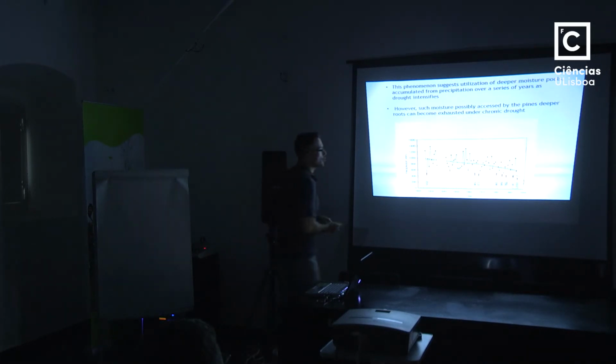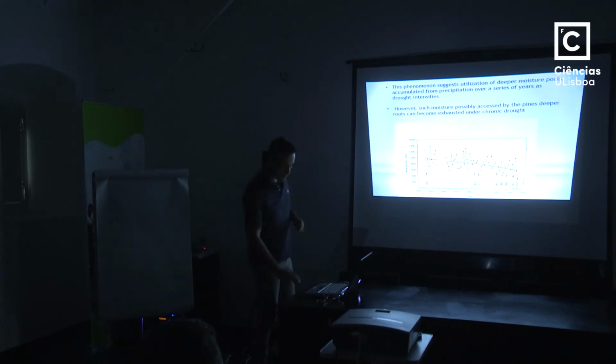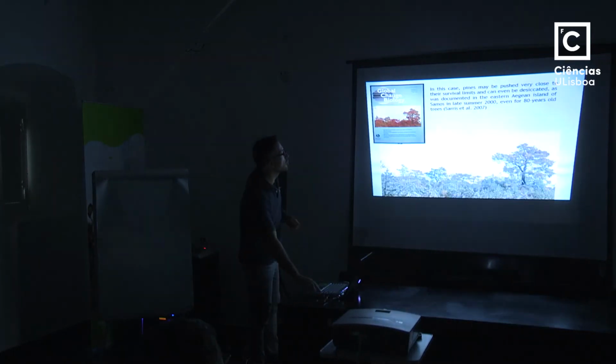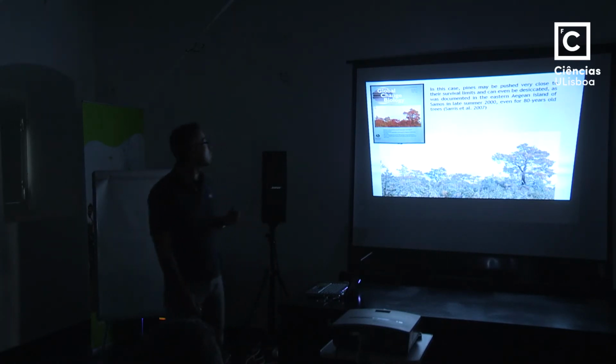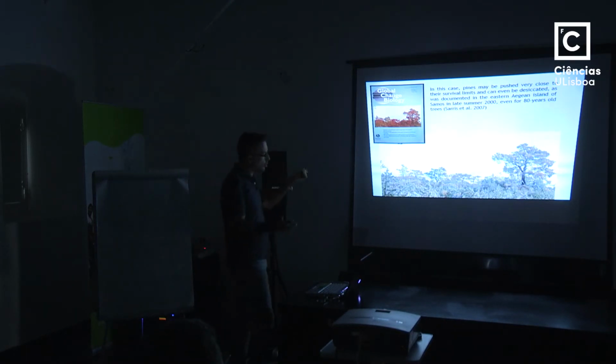So it's actually the drought of these 2 years, 1997 and 2000, that caused this response. And this appeared on the cover page of Global Tree Biology, because we showed that this is a severe impact on the ecosystem.